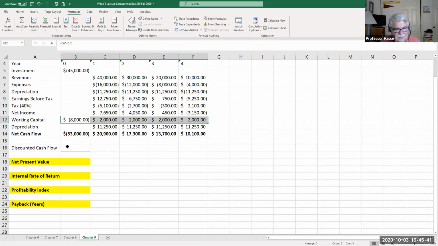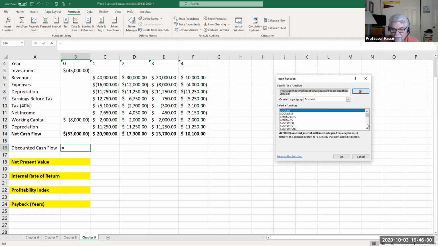So first of all, what is our discounted cash flow? Now they tell us in the problem on the top of page 297 that our cost of capital is 12%. So now I'm going to take this cash flow and discount it back at 12%. Formula, function, financial, NPV. There it is.